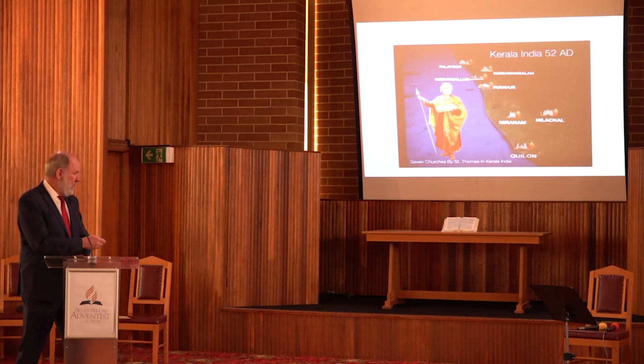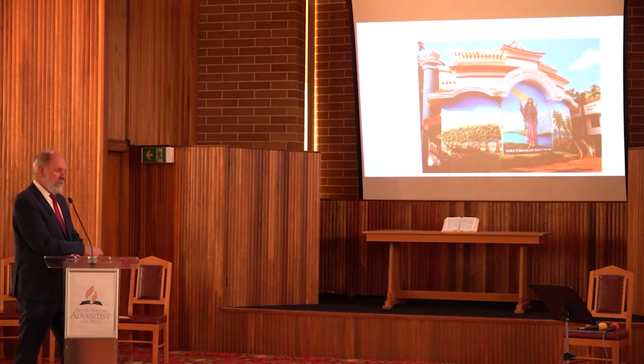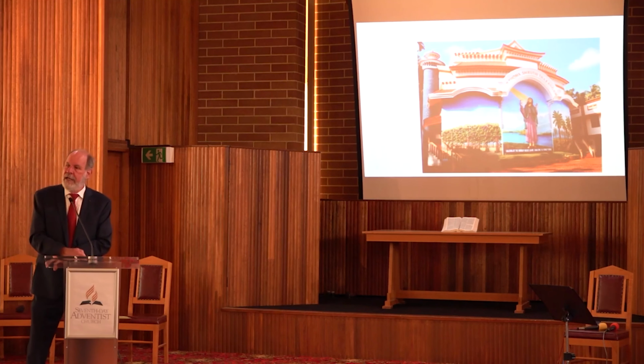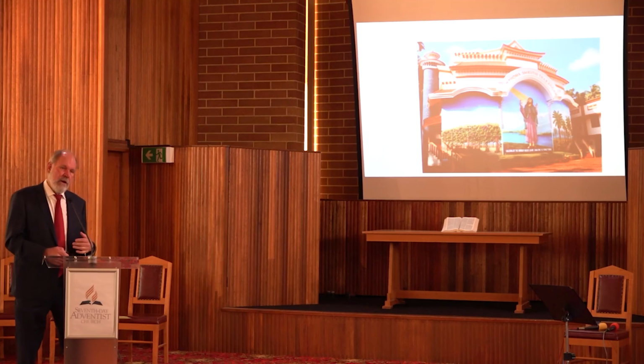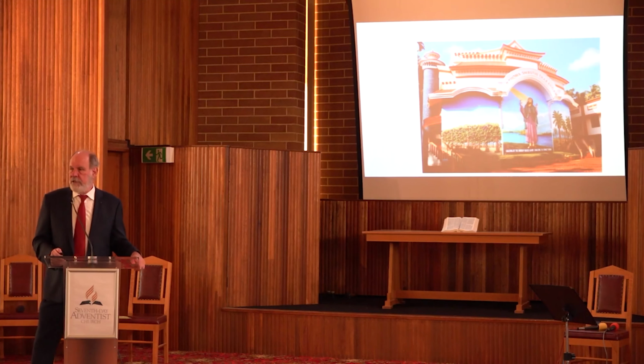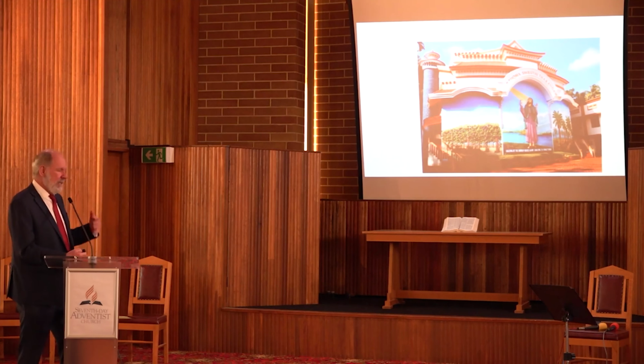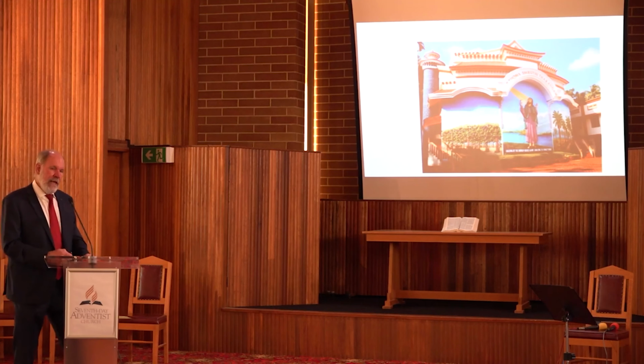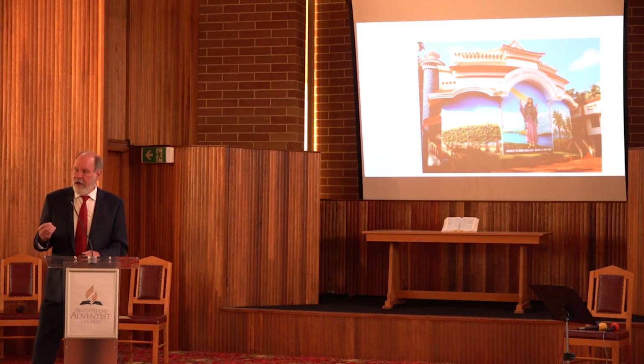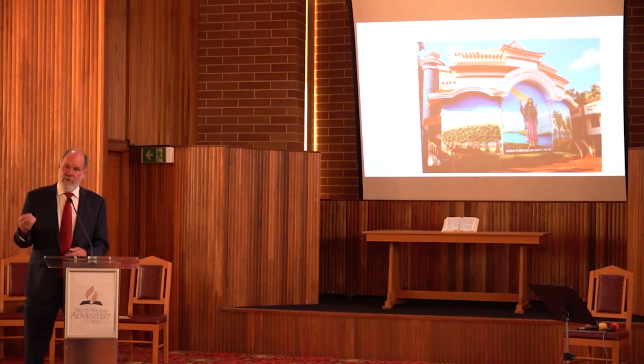Okay? And you can see throughout India, there's symbols and remnants of the church that Thomas established in India. There's stacks on the internet. It is a highly ornate form of church and worship, but that's what you would expect Indians to do. That's a cultural thing.